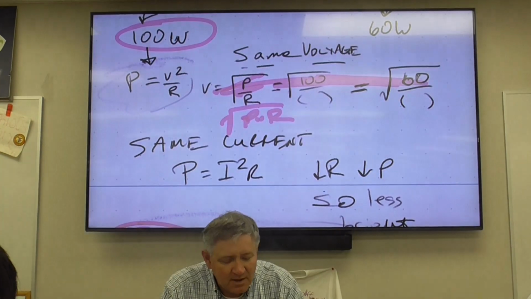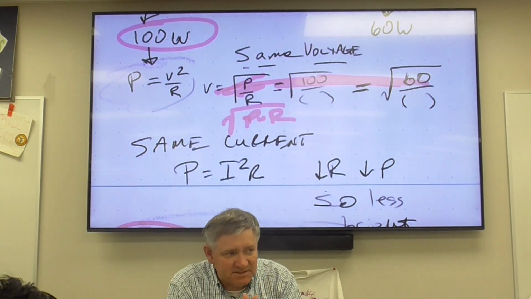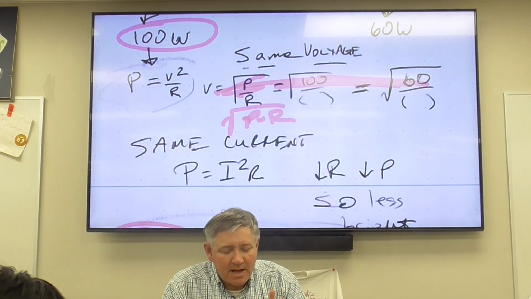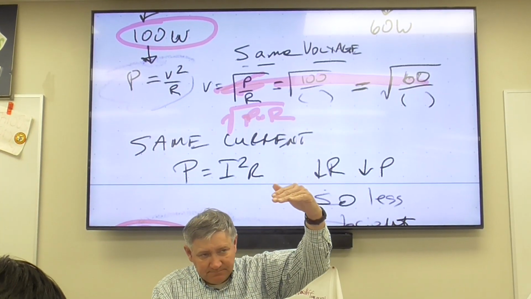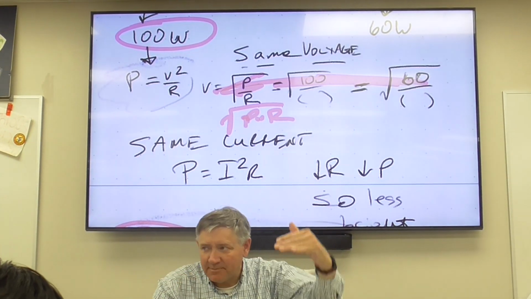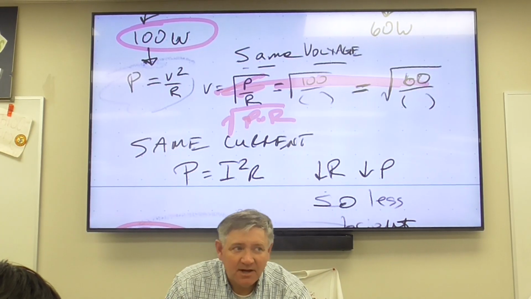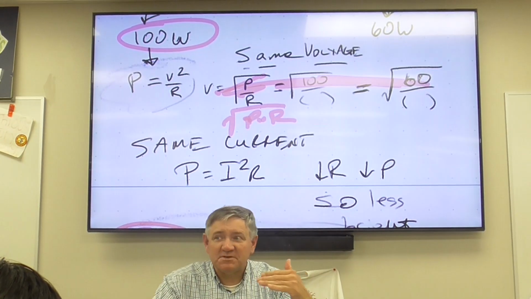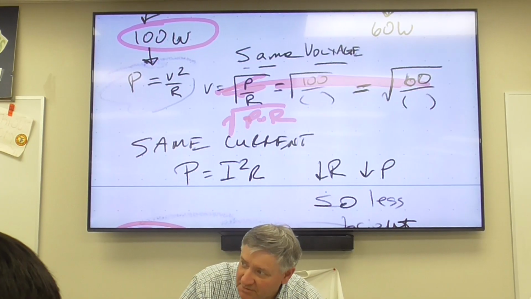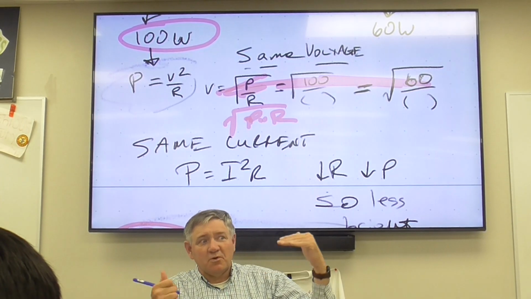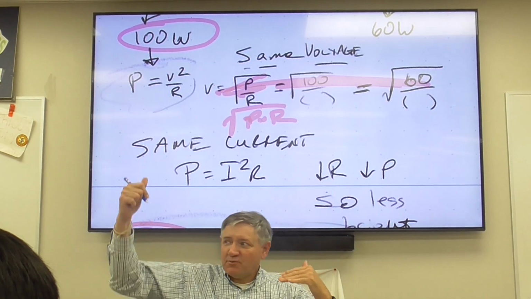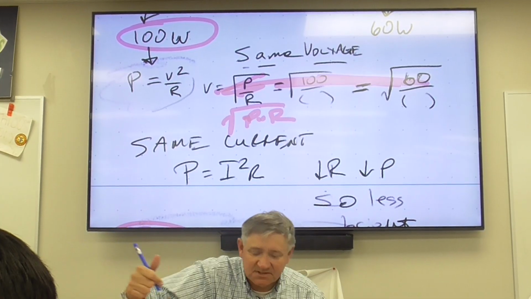Thank you. So, if the voltage is the same, as the power goes up, what has to happen to the resistance? It goes down. Again, that seems a little counterintuitive. You would think more power would mean more resistance.